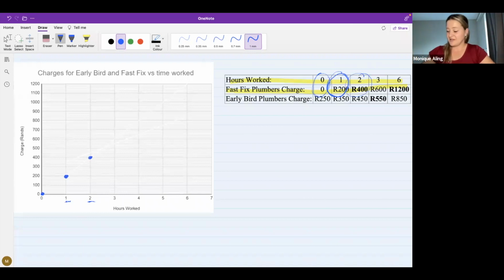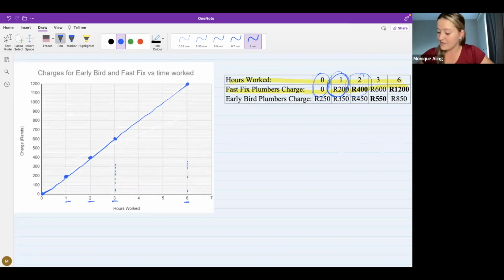Okay, we do the same with 3 hours. We follow the line until we get to 600. And then we jump all the way to 6 hours, follow the line up until 1,200, which is right at the top. Okay, so I'm going to join the lines.